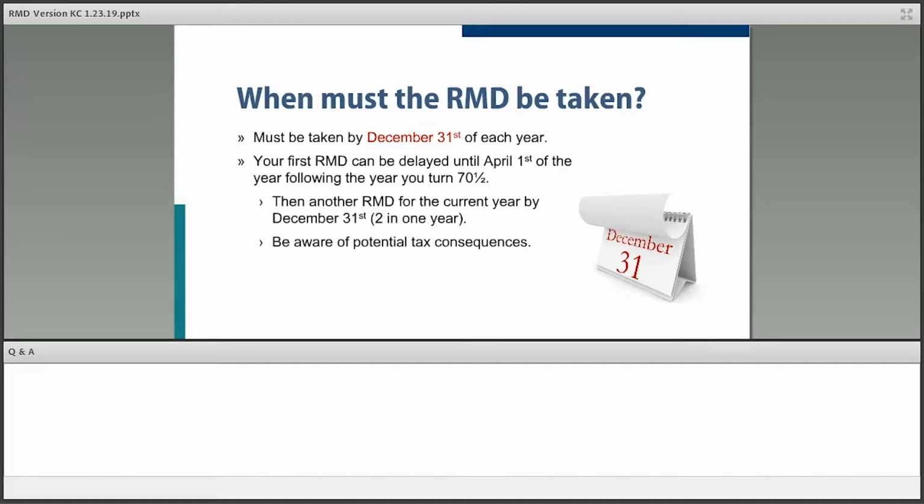So if you do delay taking your first minimum required distribution and decide to defer it till April 1st of the following year, be aware that there could be some tax consequences, and you may want to consult with a tax advisor. And again, just to reiterate, if you did defer that first one to the following year, the one that's deferred is due by April 1st, and then the minimum required distribution for the current year needs to be taken by December 31st. But be aware of those potential tax consequences.